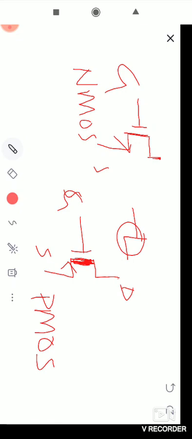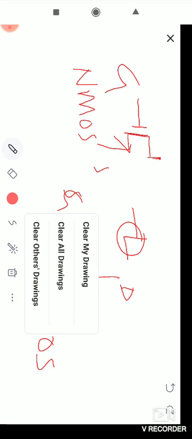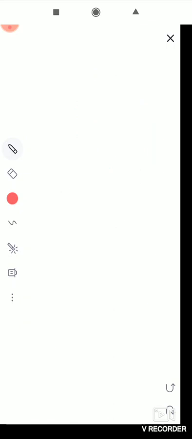This is one notation. In the other notation, here there are only three terminals. In some notations, we indicate four terminals, that is, we indicate the bulk.